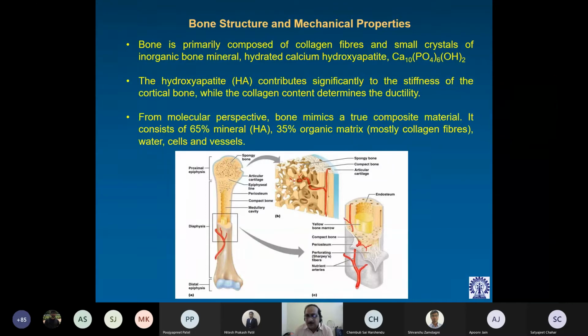Now, if you look into the bone structure, as you can see here, there is spongy bone inside. It forms the core of the bone structure and covered by very hard, dense cortical layer or compact bone. If you zoom into it, you can see it more clearly here that there are pores inside the spongy structure. This is known as spongy bone, popularly as cancellous bone, also known as trabecular bone.